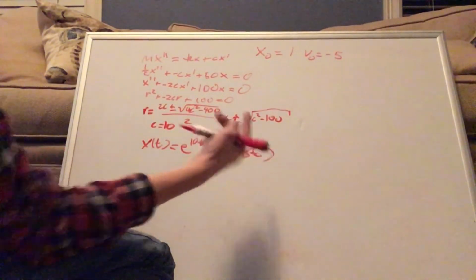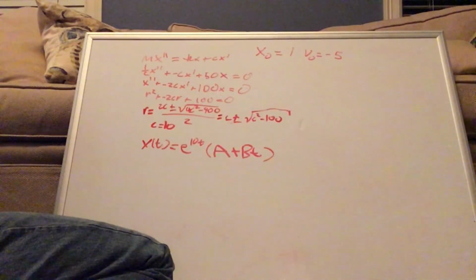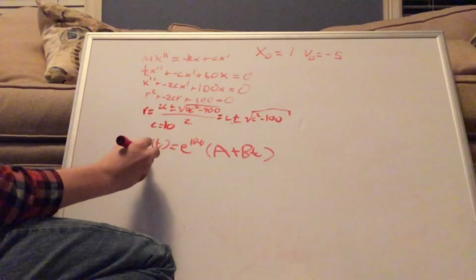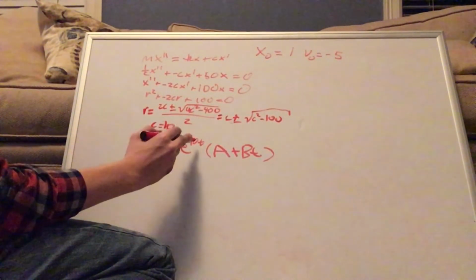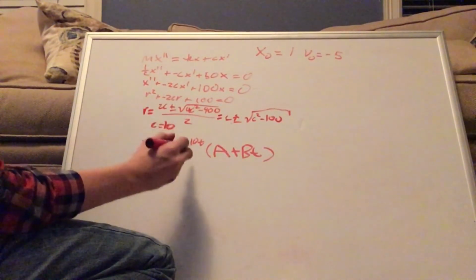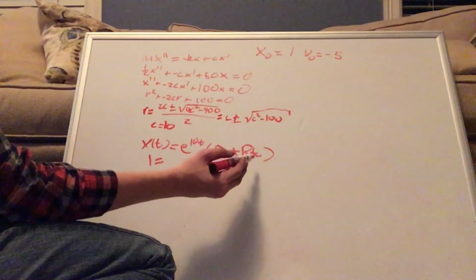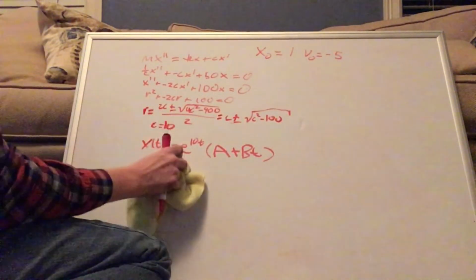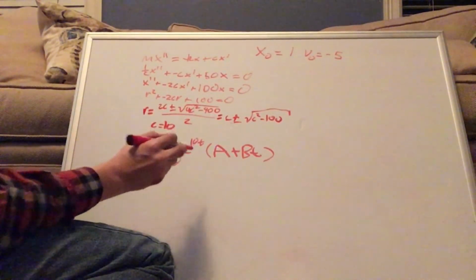And a and b are constants. Now we just have to solve for a and b. So to solve for a, plug in x of 0. 1 equals e to the 10 times 0, which is 1, times a plus b times 0. A equals 1.